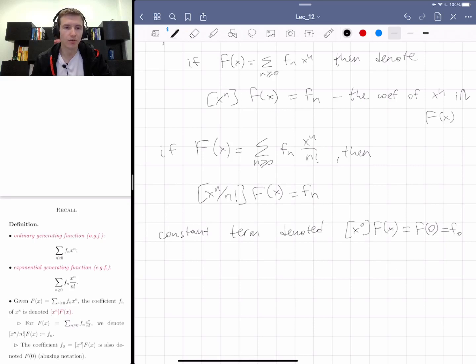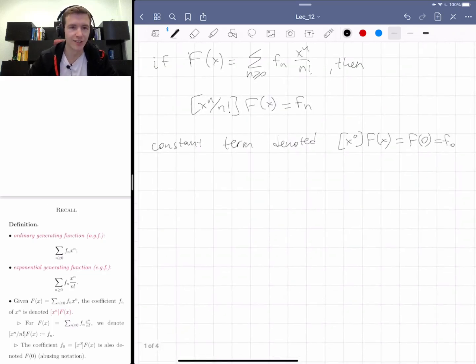And now let me try to introduce a couple more operations on generating functions. So one operation you can do is, as you learn in calculus, you can take derivatives.